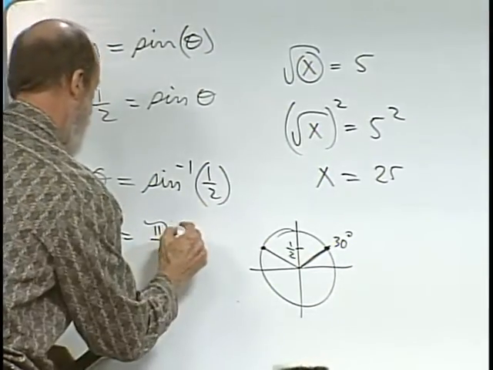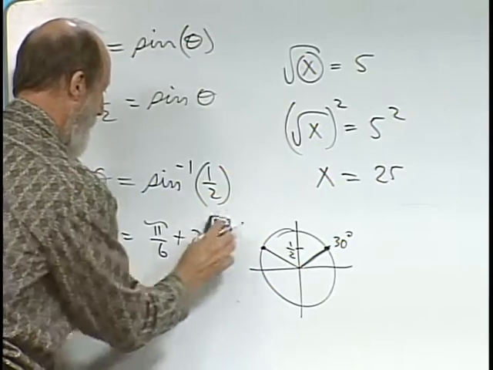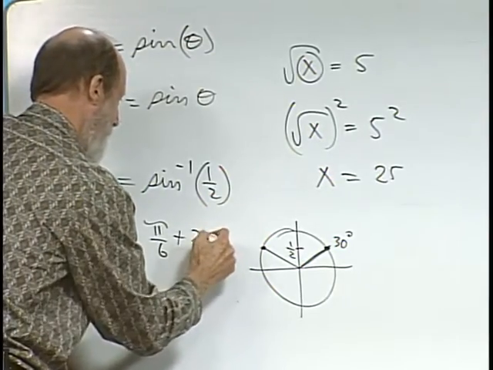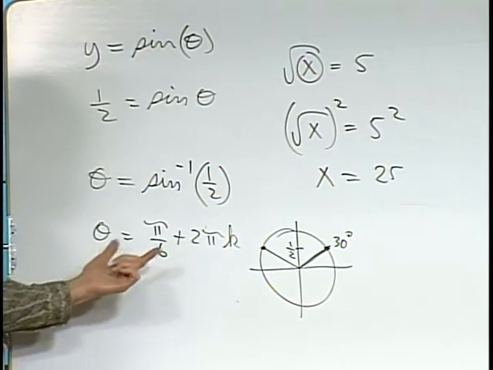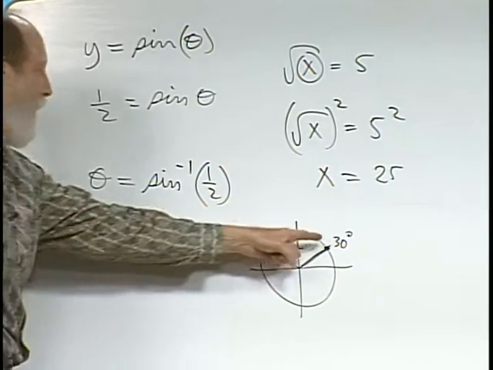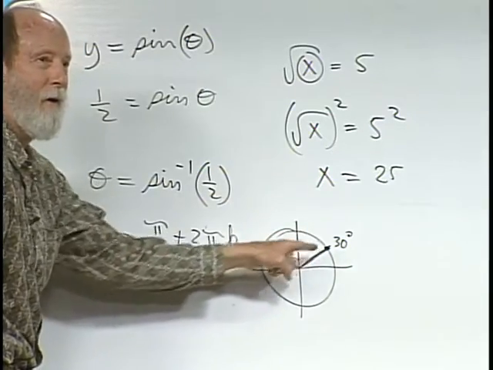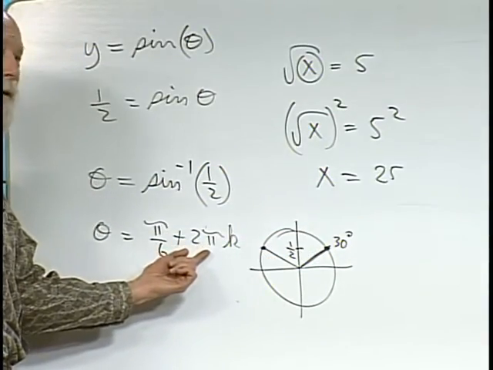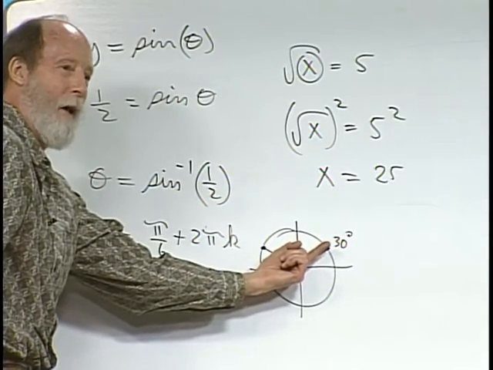So you could think of this as adding 2k pi or 2 pi k to that. You see it written both ways. This is a general way of writing what that angle could be, and it's always going to be coterminal here, isn't it? Always going to be landing right there. If you add multiples of 2 pi over 6, you're always going to land right there and end up with a half.